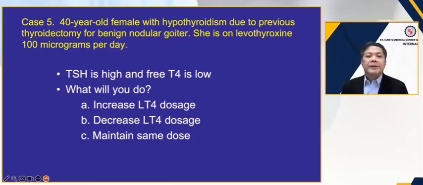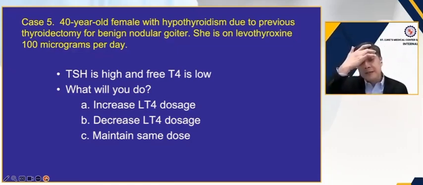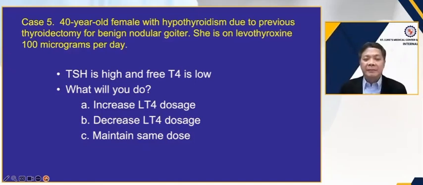Okay, low T4, the pituitary is still unhappy with the amount of circulating thyroid hormone. That's why it's attempting to stimulate a non-existing thyroid gland. So you have to do it for them. So what will you do?